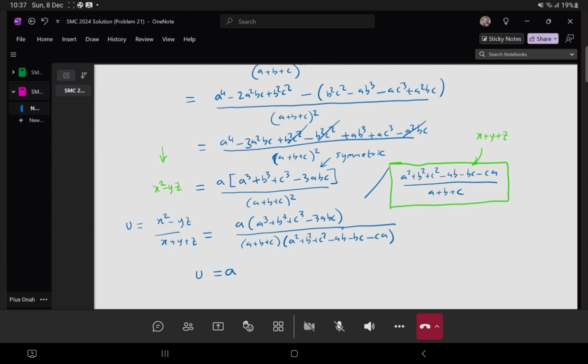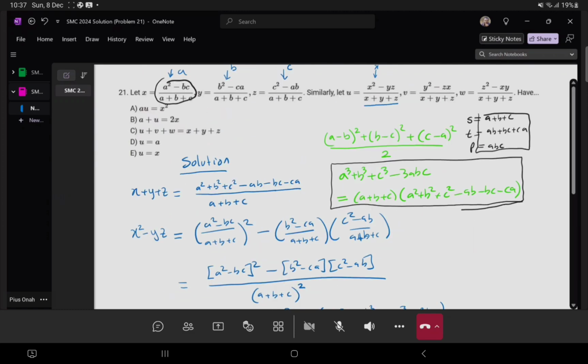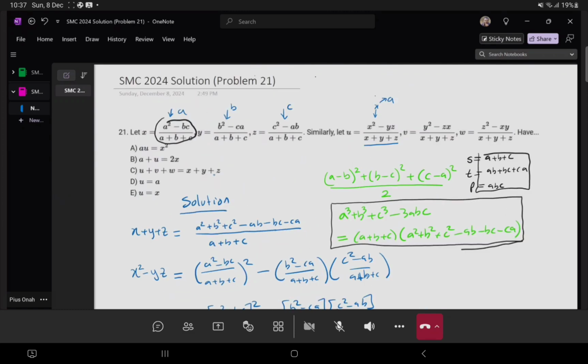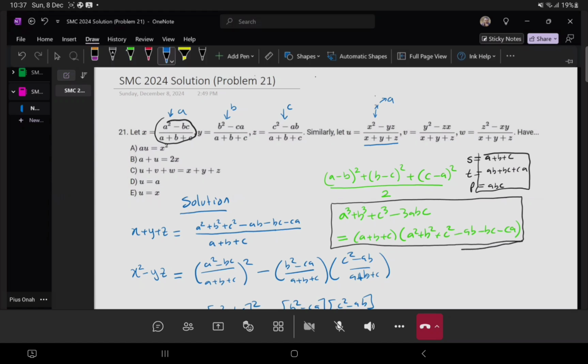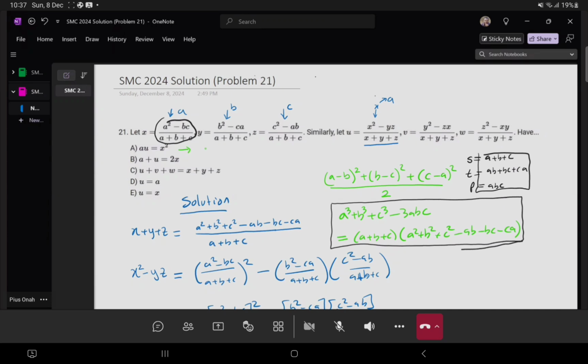Yeah. So maybe we can scroll back up so that we can see the options again. Okay. So here we have U equals A. Let's see what the options were again. So we have option D. For the first option, if U is A, this will become A squared to B, which doesn't follow immediately.